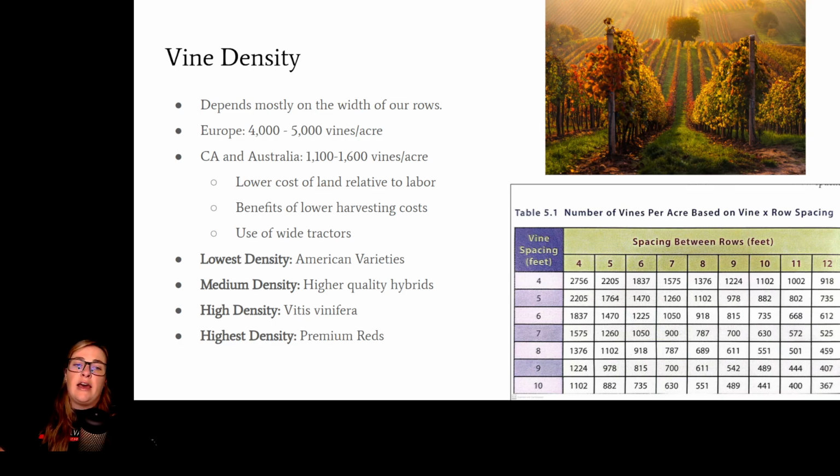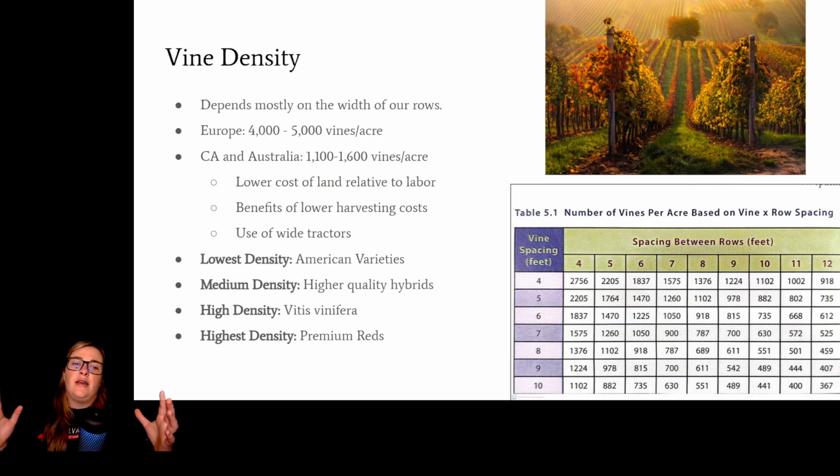We also have benefits of lower harvesting costs in general, and we also tend to implement wide tractors in our vineyard rows, right? So we have a lot of machine harvesting in California and Australia, and so it is just different here. We also have some of the most fertile soils in California, so you'll see that we can space our vines out because they can produce more, right?